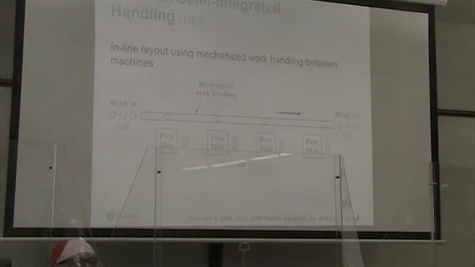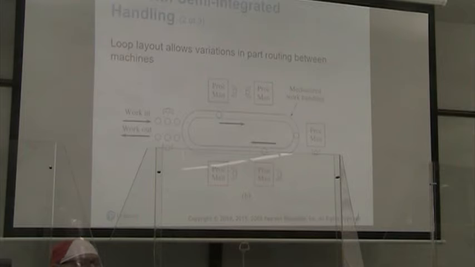Here we have a cell where we have semi-integrated handling. So it's, in this case, an inline layout. It has mechanized work handling between the machines, right? But the workers must grab the product and do their process manually. Using a loop layout like this gives us variations in part routing between machines.